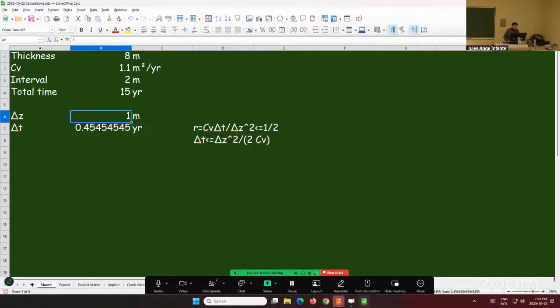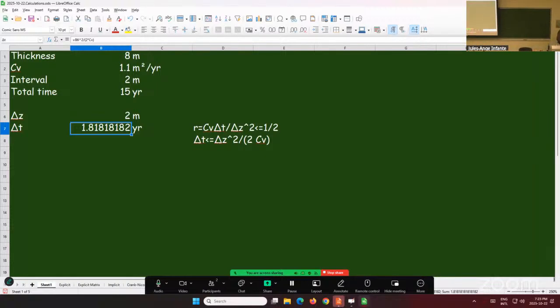So let's be happy now for 2 years, and we'll deal with it later on. But whenever you have to change your physical grid, your space grid, remember that you need to also adjust your time.